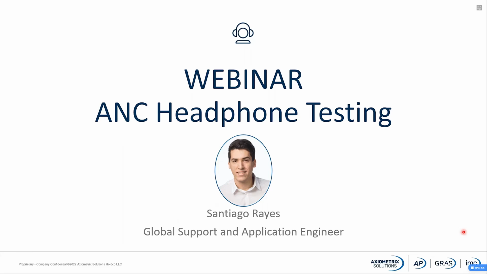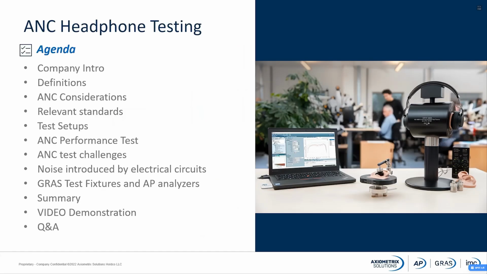So let's look at the agenda for today. It's actually many topics that we have to cover, so we are expecting to be here for around an hour, maybe a tiny bit more. First of all, I'm gonna introduce the company. We're gonna have basic definitions related to ANC, some of the most important considerations whenever we want to perform one of these measurements. We're going to talk about relevant standards, test setups with different complexities.